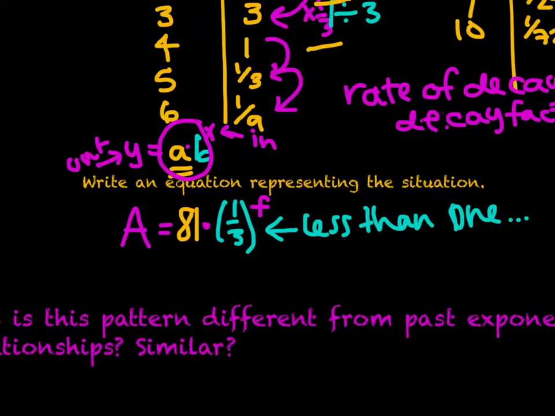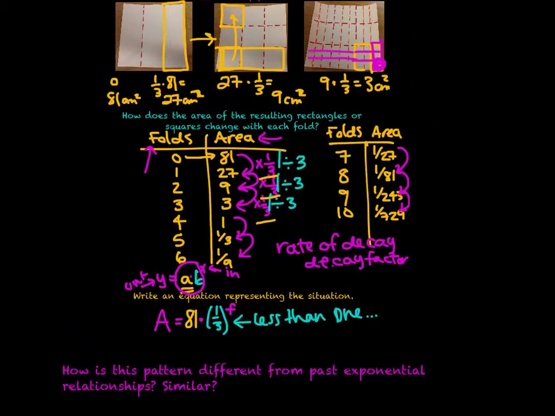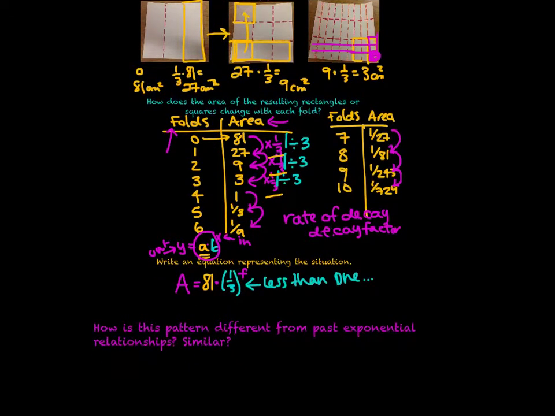So let's look at all of this so we can kind of see it all and take it all in. And let's ask ourselves this question. How is this pattern different from past exponential relationships? Well, it's different in that before, in growth relationships, our growth factor was greater than 1.